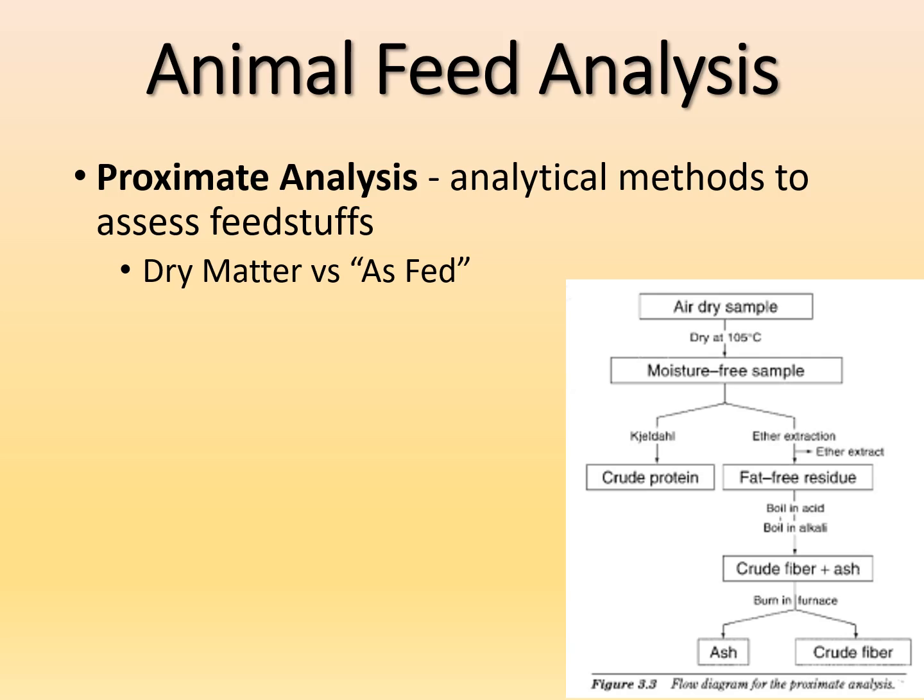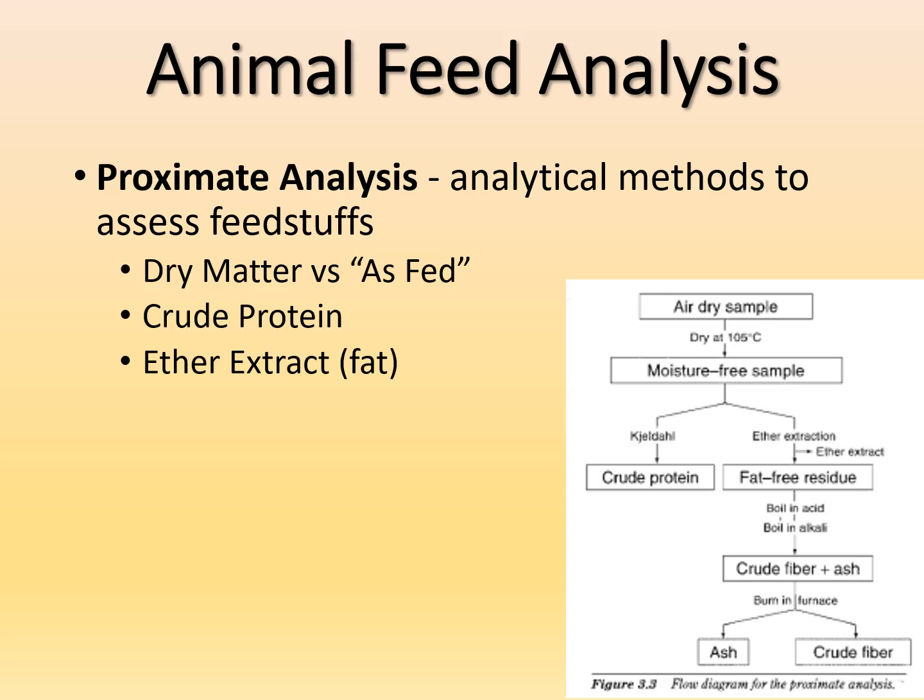Versus as fed means just that. It's how the food is fed. So it has the moisture in it, it has everything in it, so you're not removing anything. That's an as fed diet. So there are two different ways of thinking here, but usually we want to compare diets on a dry matter basis. It gives you a more accurate assessment.